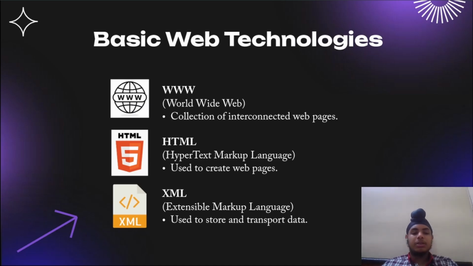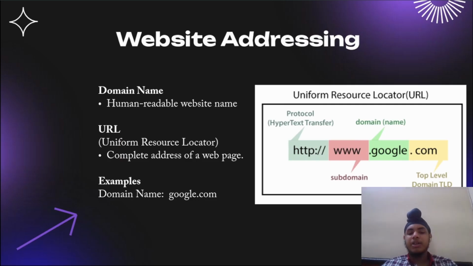Next comes website addressing, domain name and URL. How do we know which website it is? First, we have a protocol name that you can see in the image, hypertext transfer protocol. Then we have the subdomain name that is www, World Wide Web.